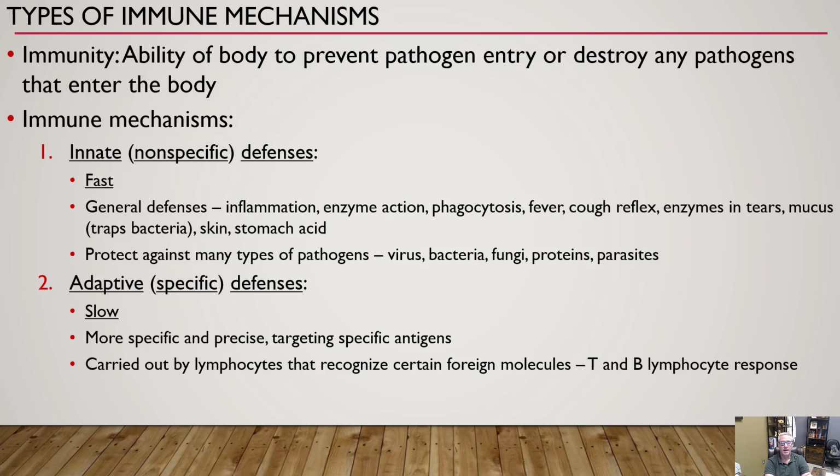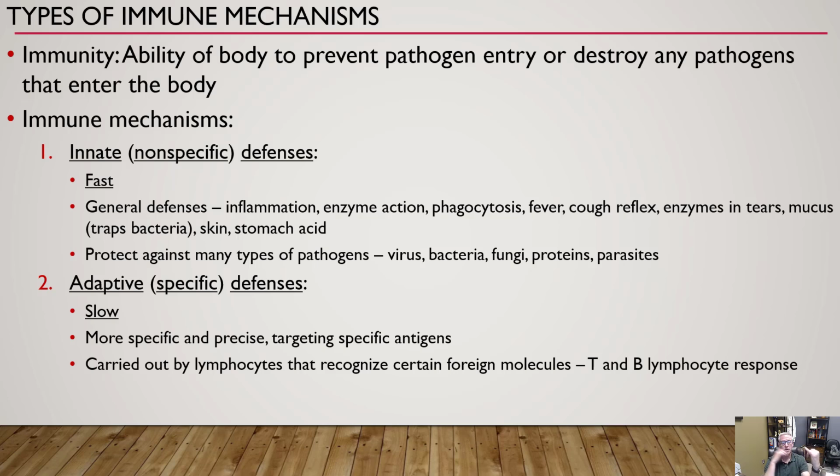Now, for adaptive defenses, that's where we're going to figure out what specific type of virus or bacteria it is, and we're going to use our B cells and our T cells to counteract that specific type of virus, and we're going to produce those memory cells to provide future immunity. So let's say you get a splinter. Your body's first reaction is going to be to activate those innate defenses.